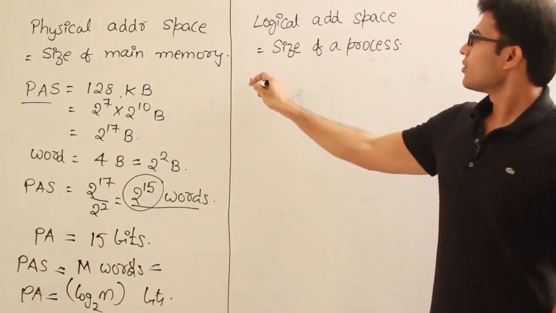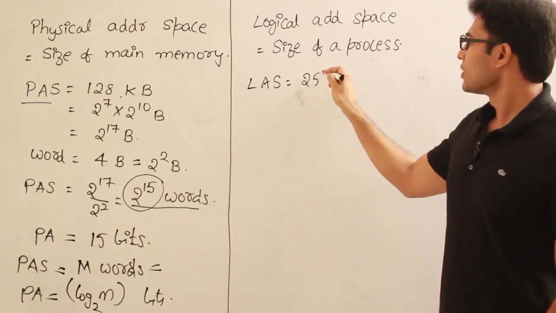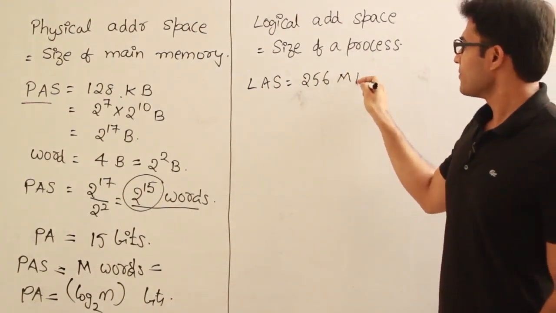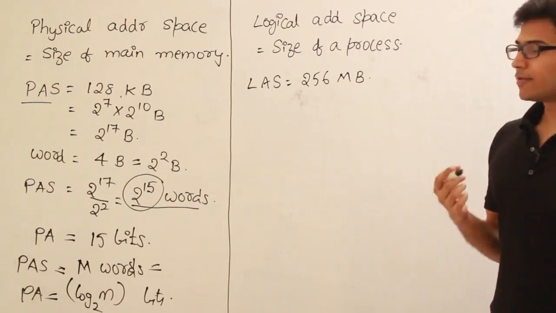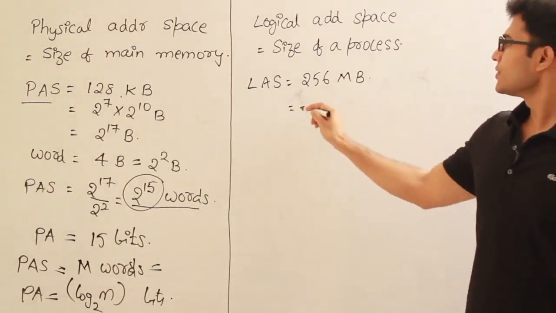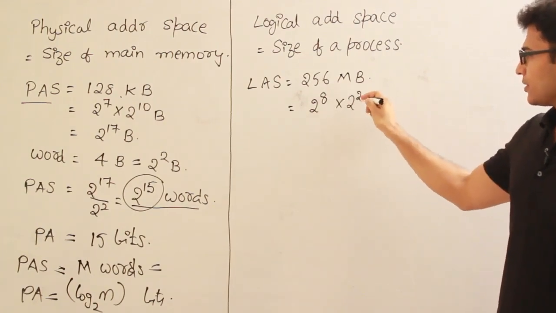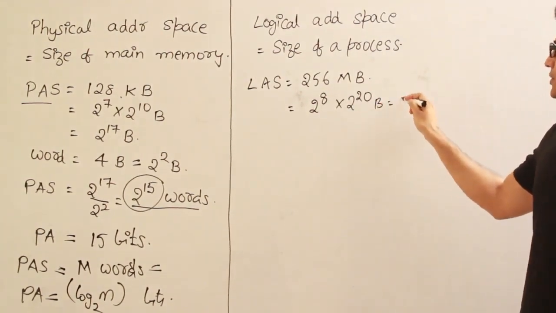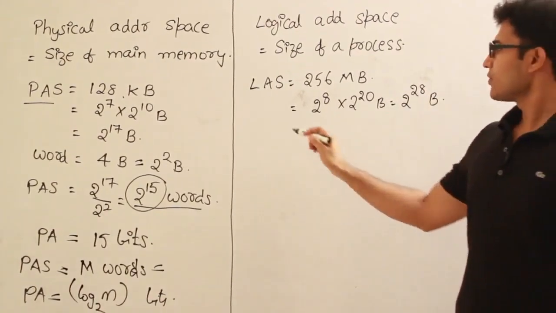So let us say logical address space is equal to 256 MB, megabytes, and now you find out the word size. Word size will be given already, right? So what is 256 MB? 256 is 2 power 8 and M is 2 power 20 and bytes, so which is nothing but 2 power 28 bytes, right?